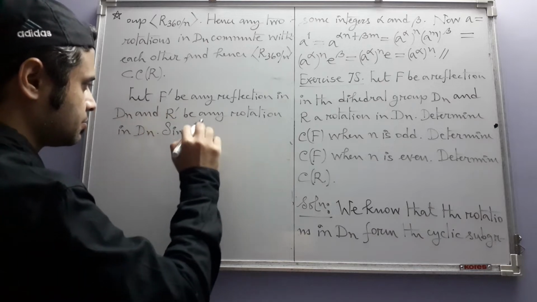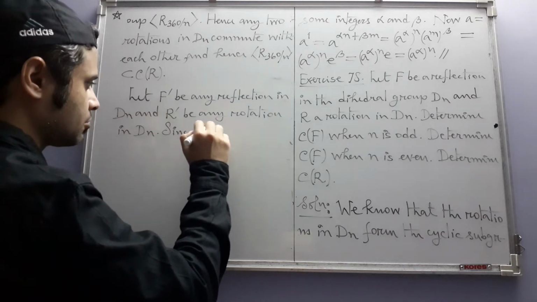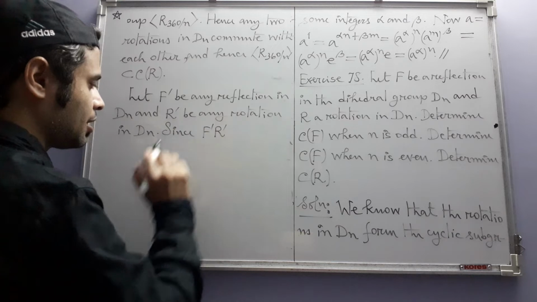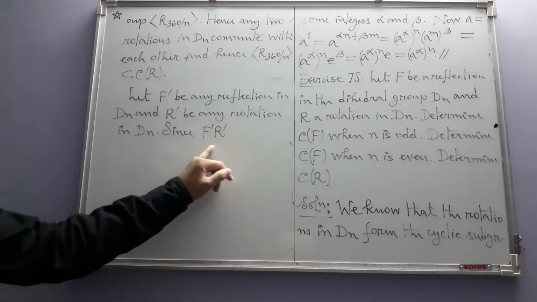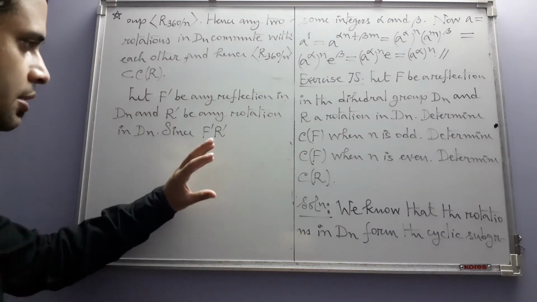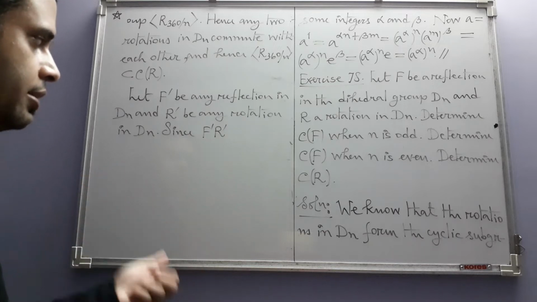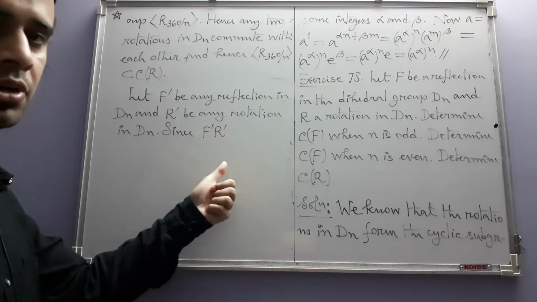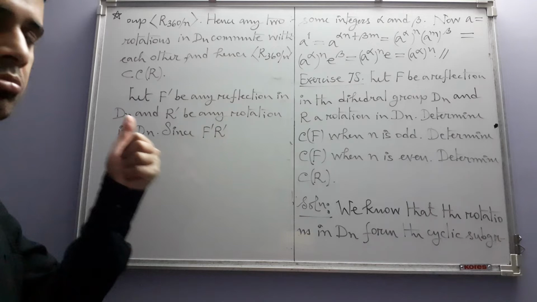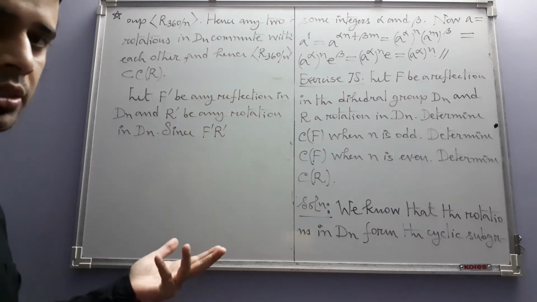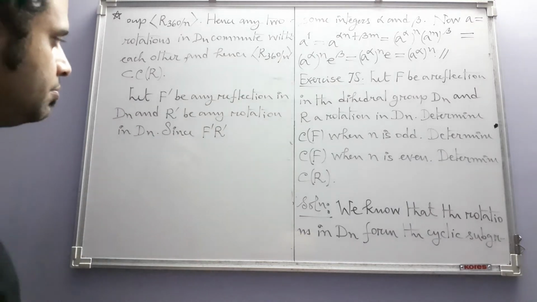Since F prime R prime, what will this be? Since this is an orientation changing transformation, this cannot be a rotation, it will be a reflection. We have already seen these things before.